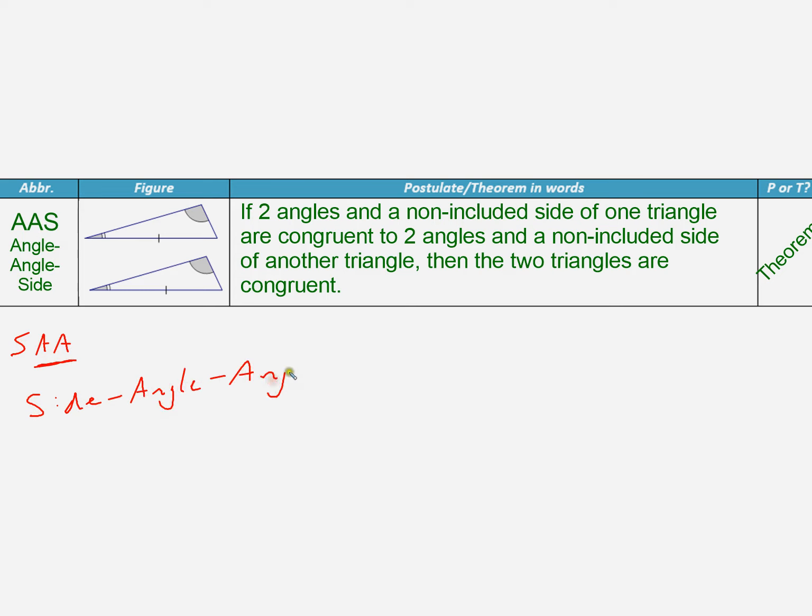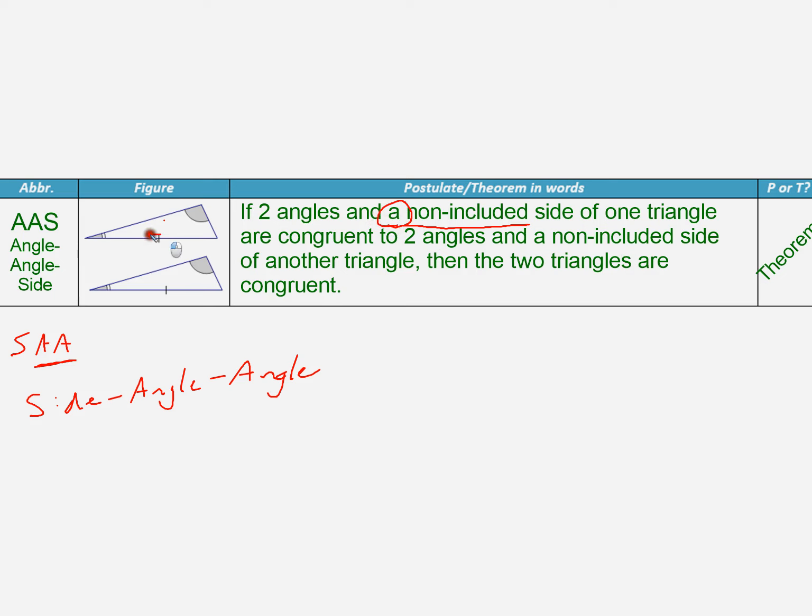You see it written out here: angle, angle, side. It's not the one in between them. If two angles and the non-included side of one triangle are congruent to two angles and a non-included side of the other, the two triangles are congruent. And notice it is the word A here because there are actually two non-included sides.